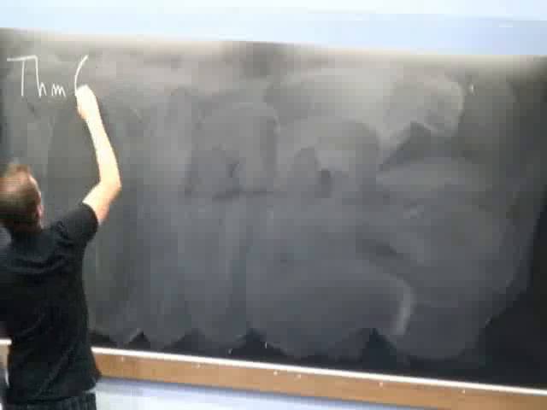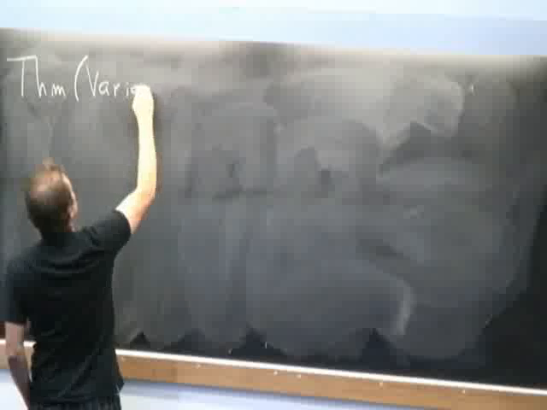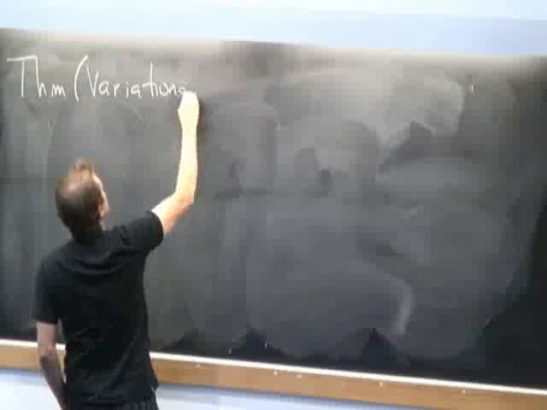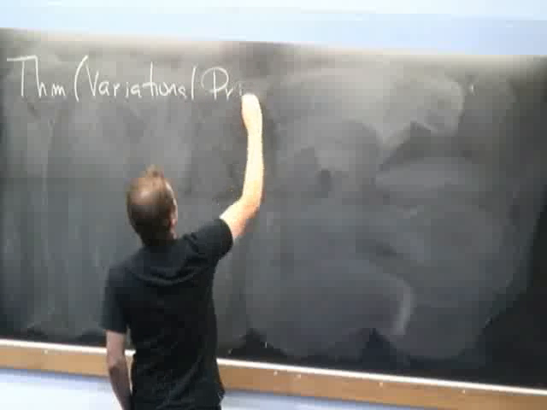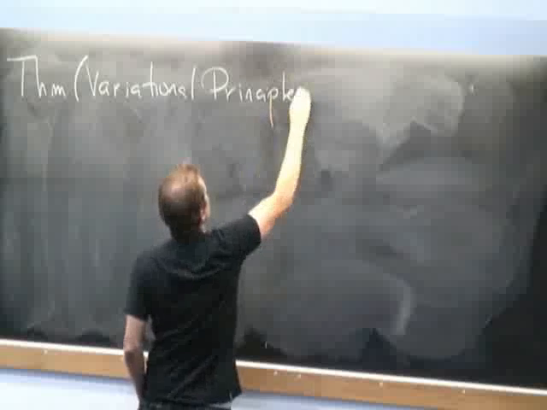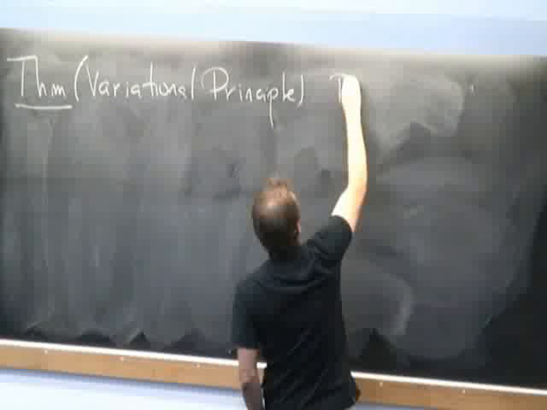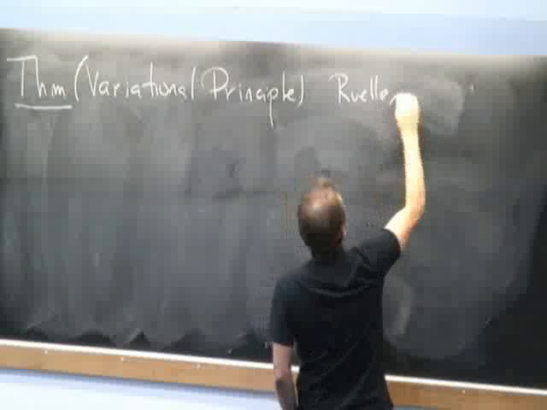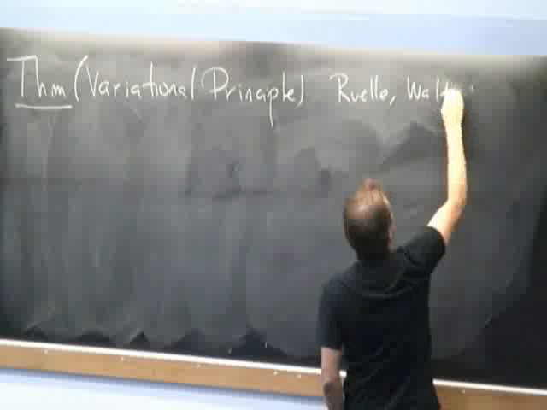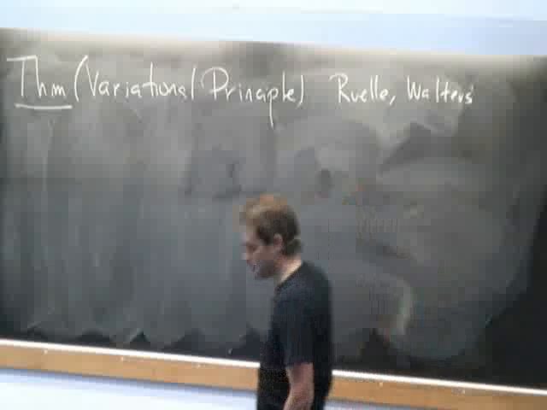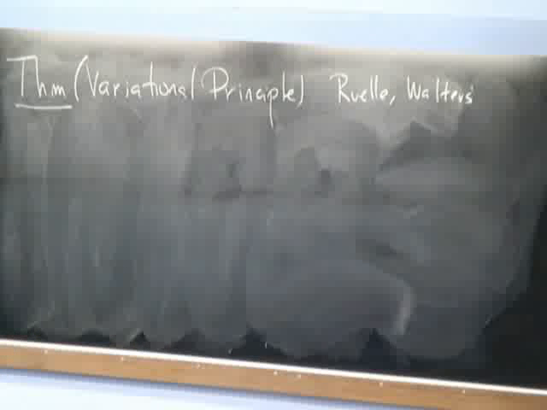This is called the variational principle. And it was proved in different degrees of generality, first by Ruelle and later by Walters. It's like in the mid-70s, I think, or a bit earlier.